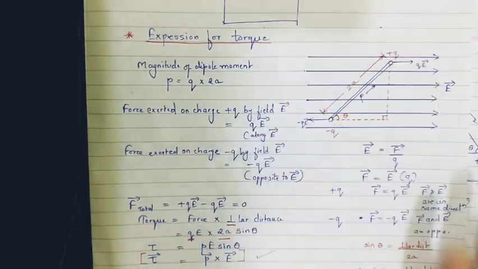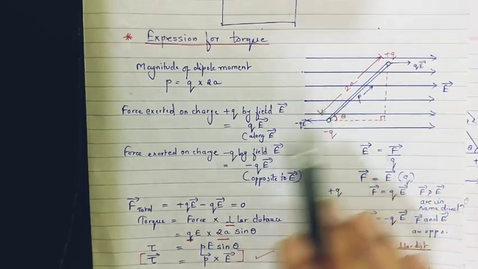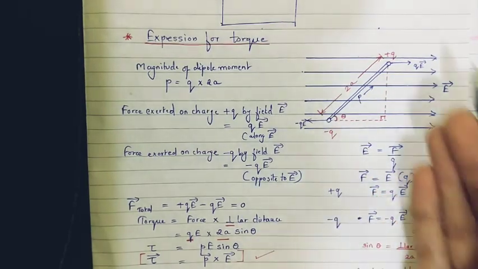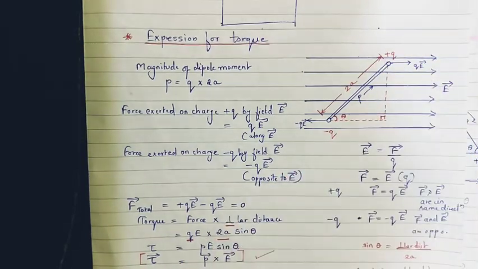At every point the electric field is different, so the forces acting are different on each charge. Can we say that the net force acting on the dipole is 0? No, we cannot say that. There will be some force acting on the dipole when it is placed in a non-uniform electric field.